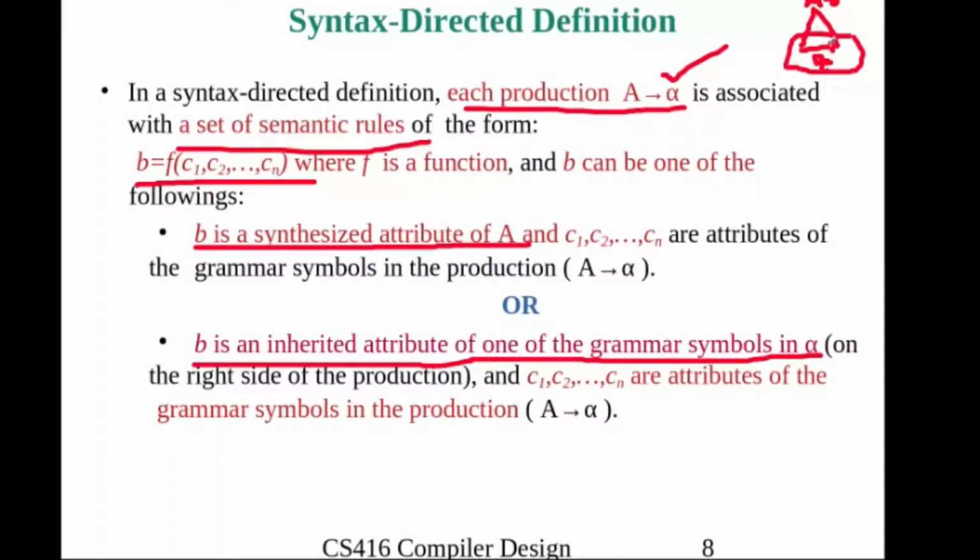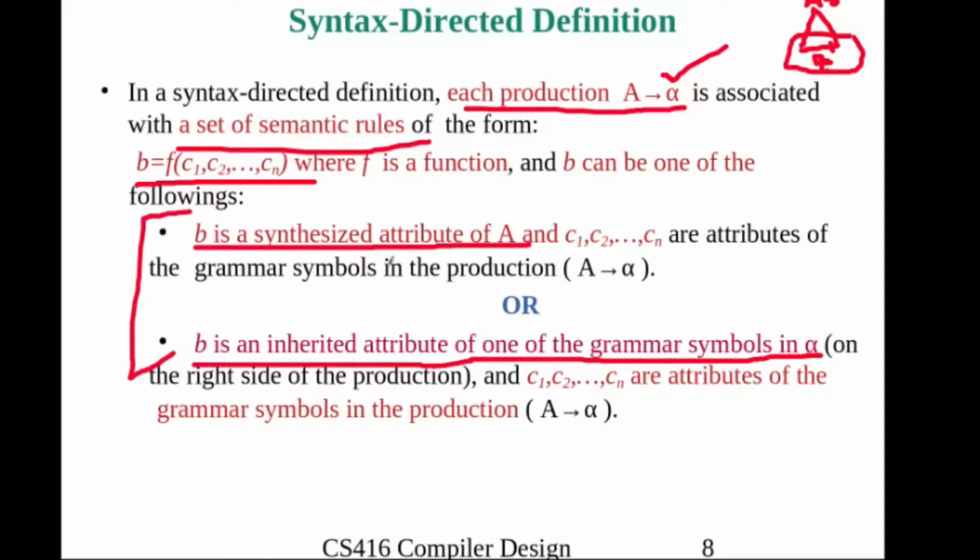Then there are some other siblings and parents also. Then C1, C2, etc. Cn are the attributes of siblings or its parent. These are the formal way of defining a syntax-directed definition.